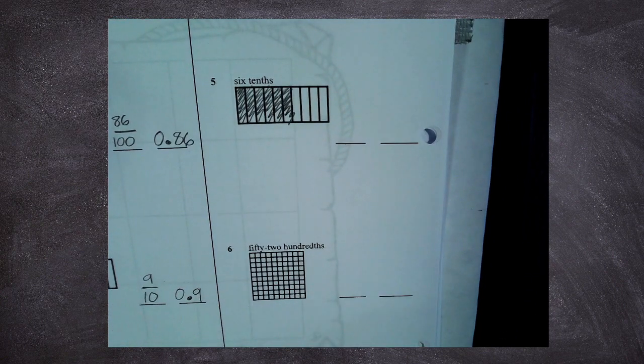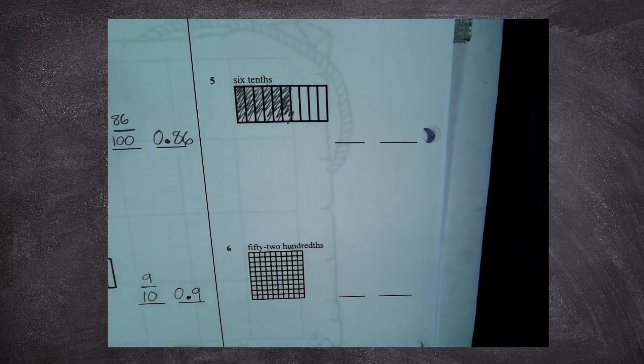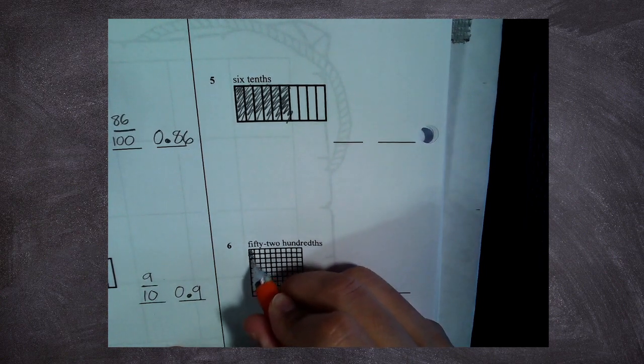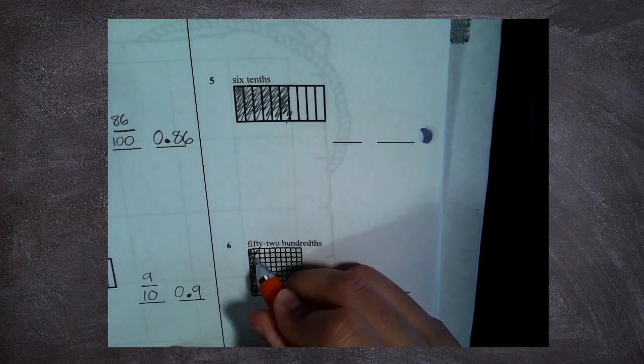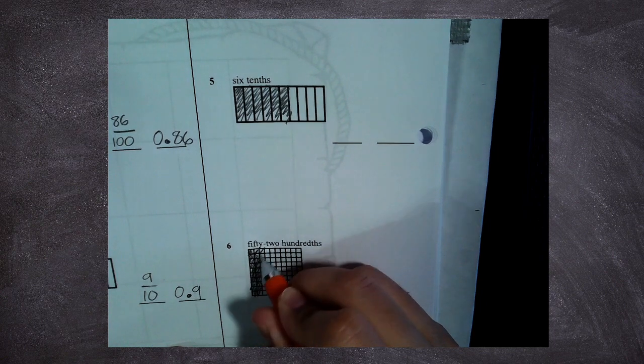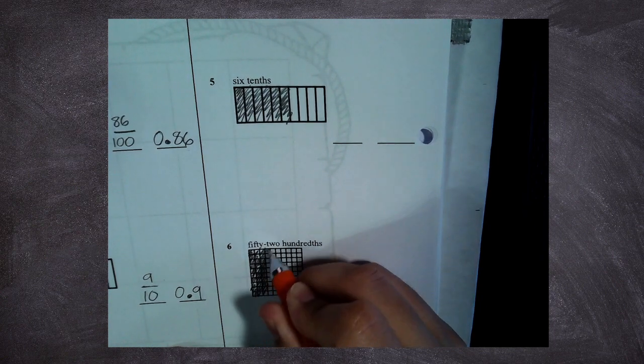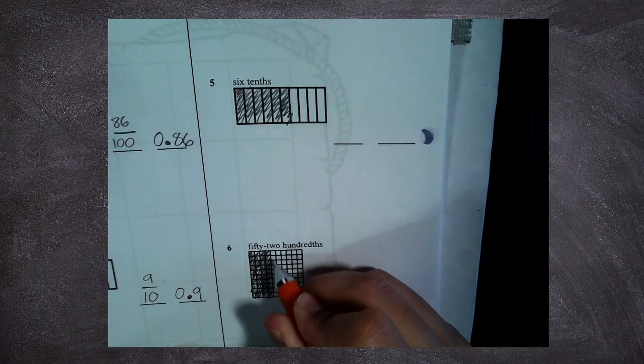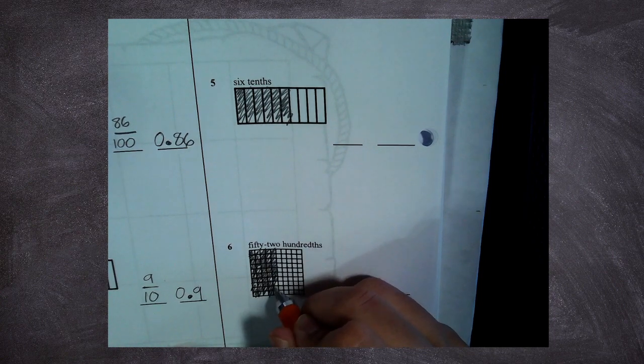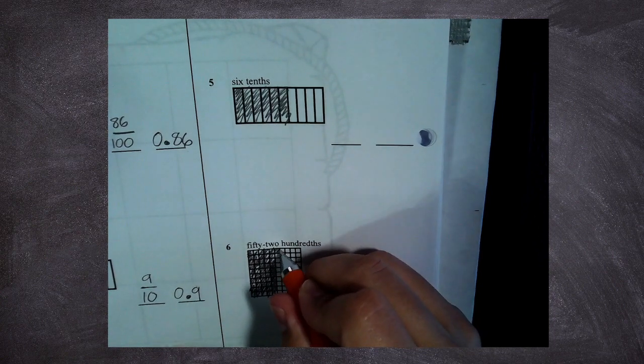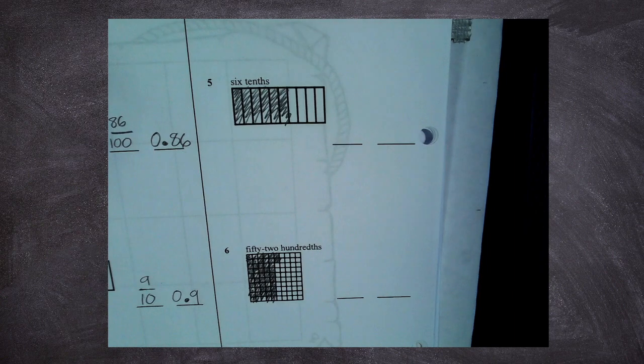And for problem 6, 52 hundredths means I shade in 1 line, 2 lines, 3 lines, 4 lines, 5 lines, and then 2 little squares. And I want you to try to come up with the fraction and the decimal that match. Then we'll check together.